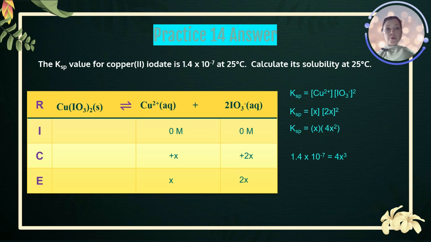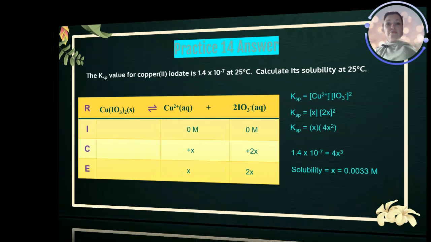We can divide both sides by 4 and take the cube root, and we get that x is equal to 0.0033 molar, which is equal to your solubility. Once you know this fact that solubility is equal to x, then you are good to go on all of these problems when it asks you to find the solubility.